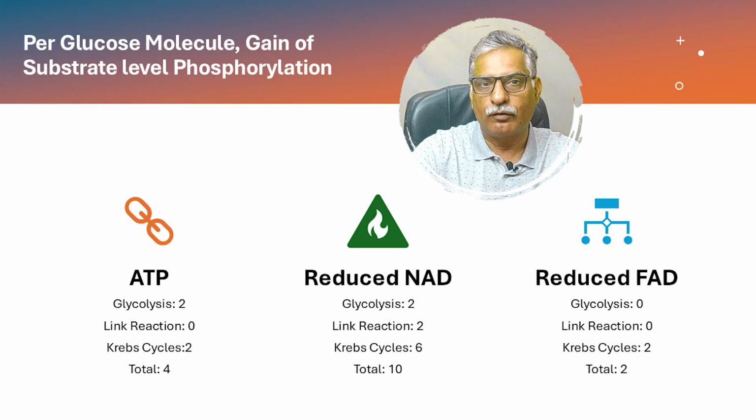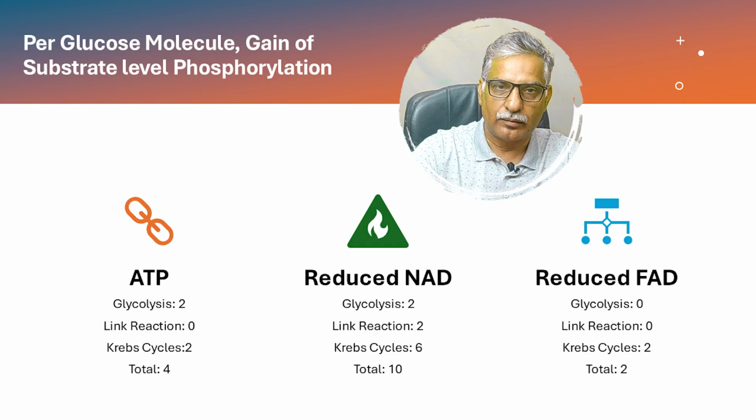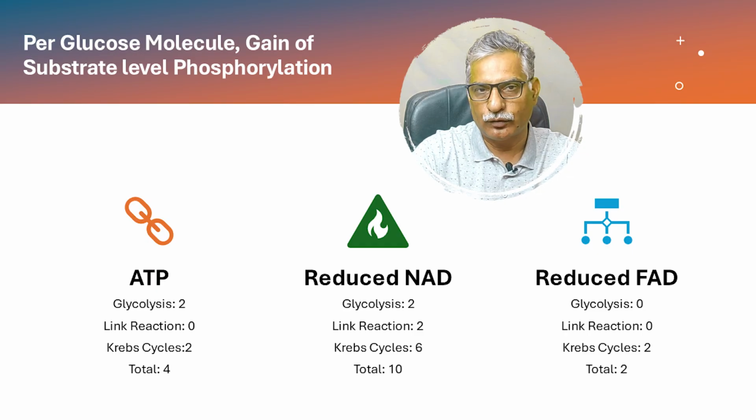We have a total of 2 reduced FAD molecules, and both are produced during the Krebs cycle. And we have a total of 4 ATP molecules raised so far, 2 during glycolysis and 2 during the Krebs cycle. But these 10 reduced NAD molecules and 2 reduced FAD molecules will be further processed when they are oxidized on the cristae of mitochondria during oxidative phosphorylation.